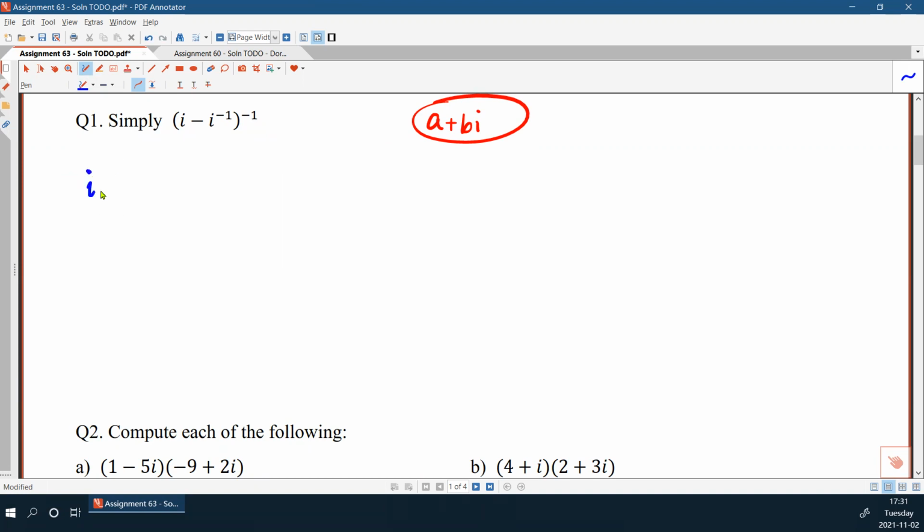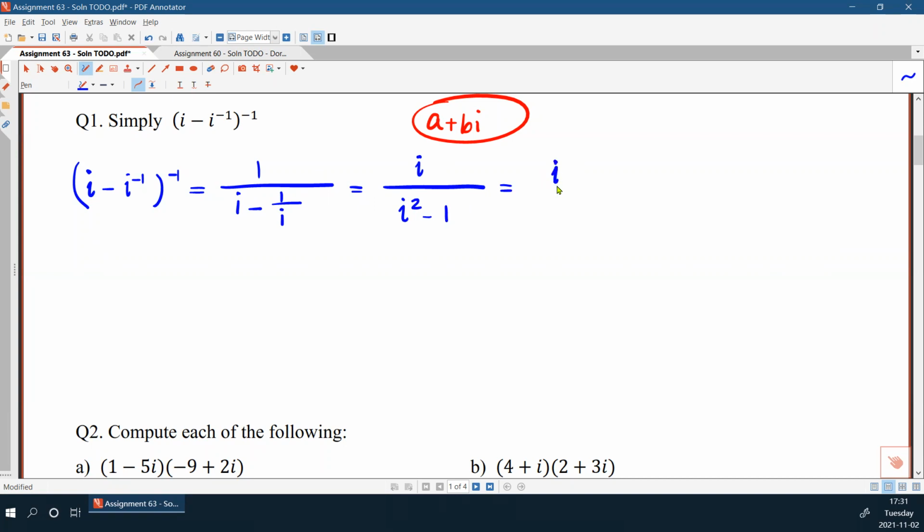So the original expression, I minus I to the power of -1, then to the power of -1, is actually 1 over I minus 1 over I, right? And first of all, we can multiply an I to both the numerator and denominator, which will give us I squared minus 1.